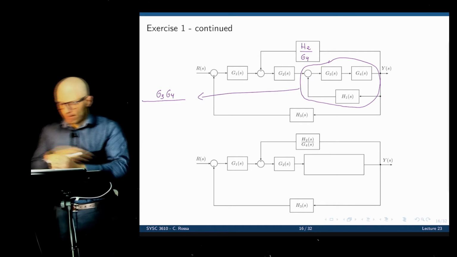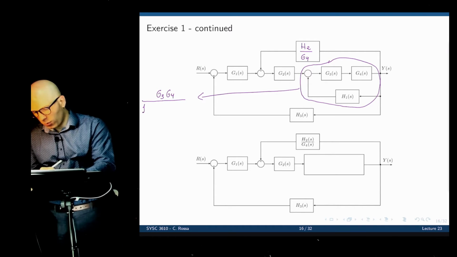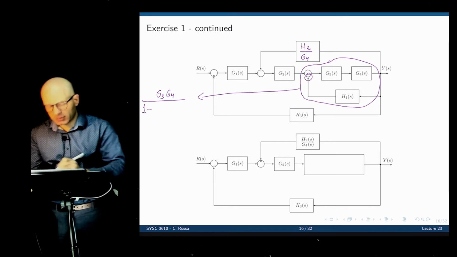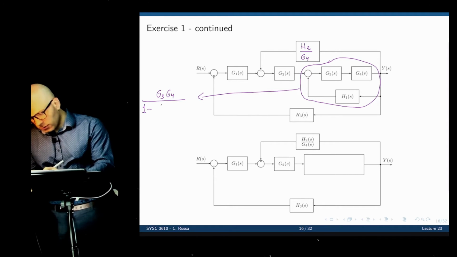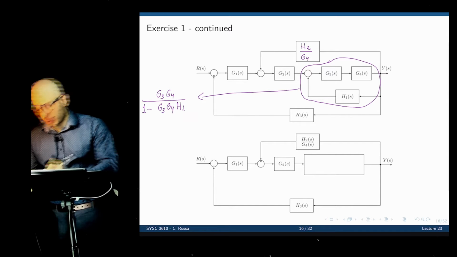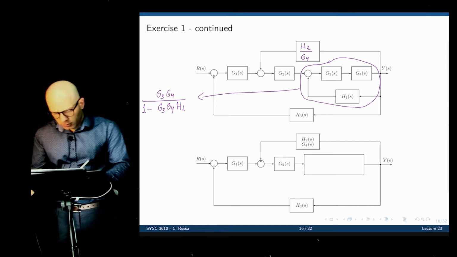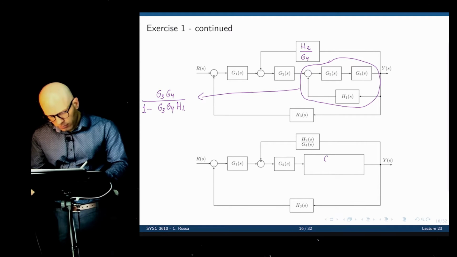Would you have the line function G3 times G4 divided by what? So first there is plus or minus. 1 minus, yeah, because you see the positive sign there. Very good. Minus G3, G4 multiplied by H1. Excellent. So G3, G4 over 1 minus G3, G4, H1.